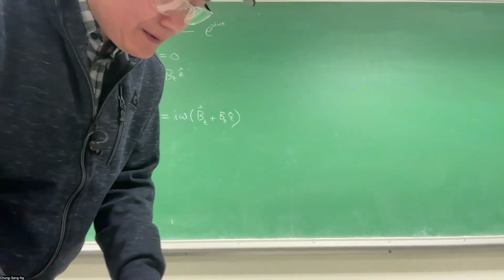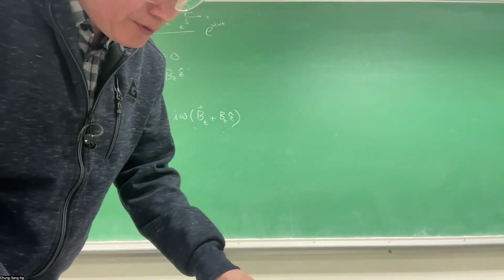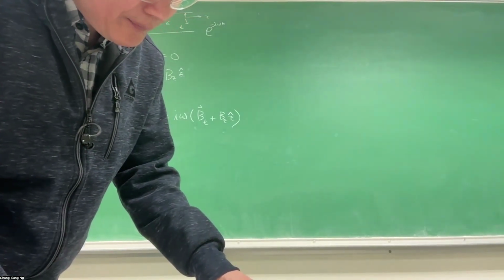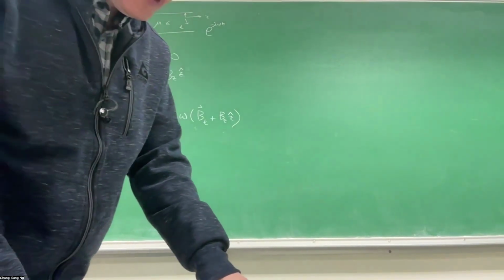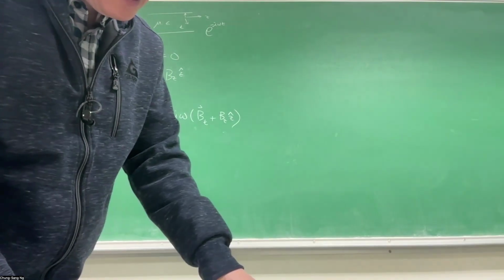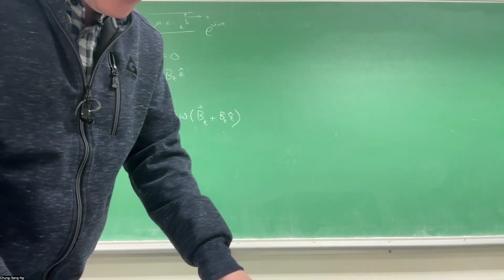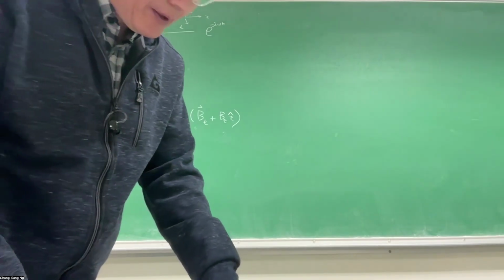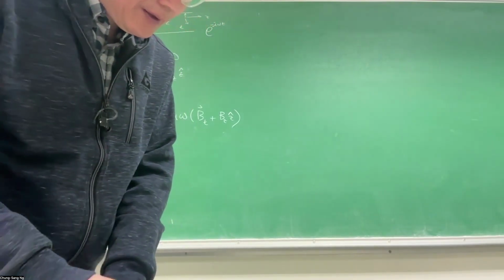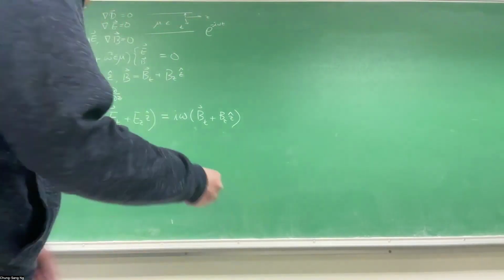Curl of a scalar, which is E sub z, times a vector, but the vector is actually a constant vector z, so it becomes just the gradient of the scalar crossed with the vector. So a gradient of E_z cross z.